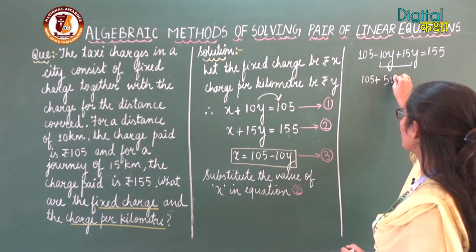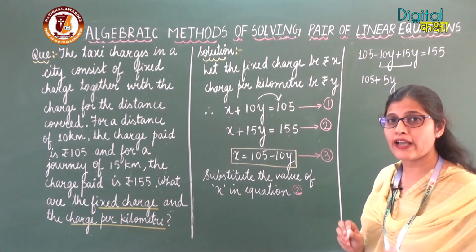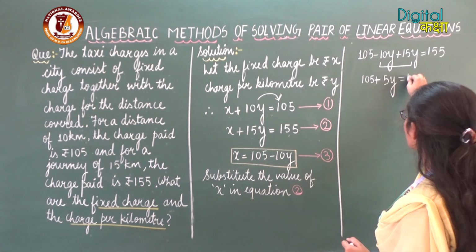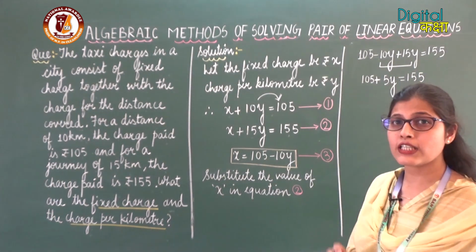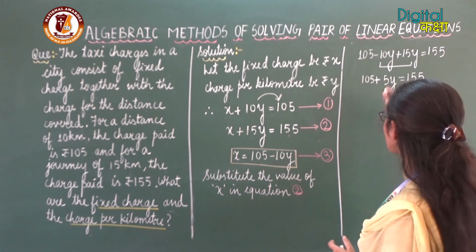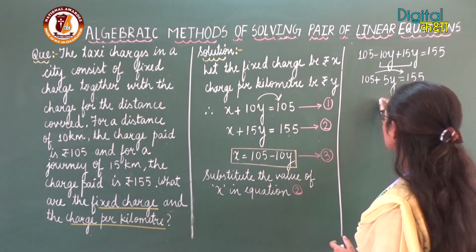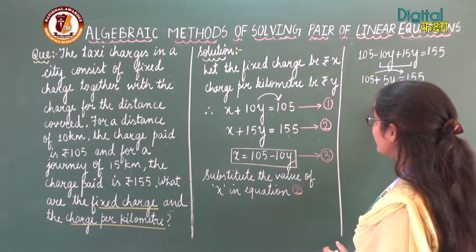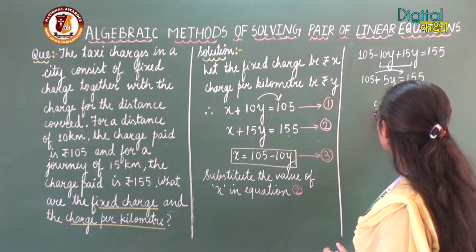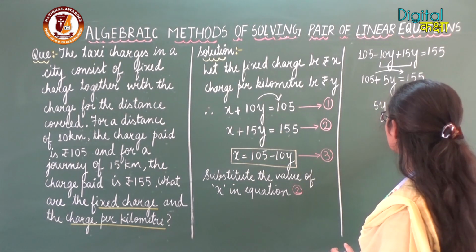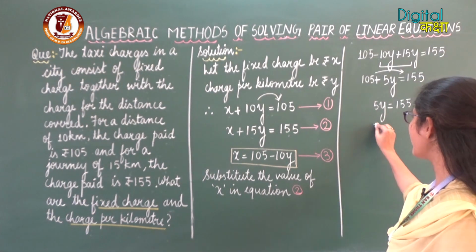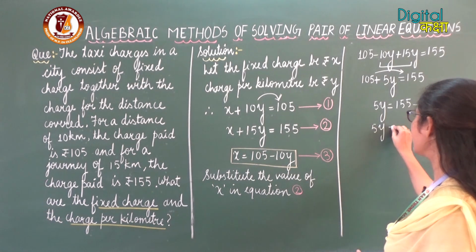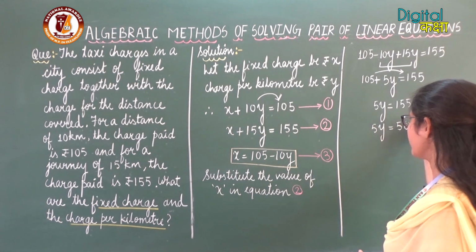So, it will be 105 plus 5y equals 155. Now, we will be shifting the constant to the right hand side. So, it will be written as 5y equals 155 minus 105. When I subtract 105 from 155, I will be getting 50.